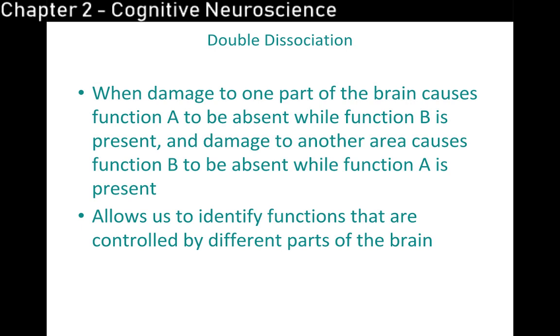And then damage to another part of the brain can cause function B to be absent, while function A works perfectly fine. And through this kind of inference and comparison across patients who've suffered damage to their brain, we're able to establish with a bit more resolution what parts of the brain are responsible for very, very specific cognitions and behaviors.